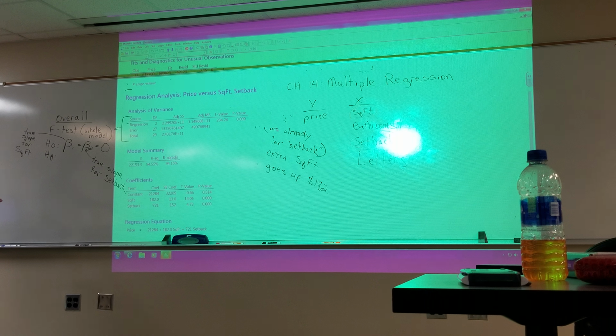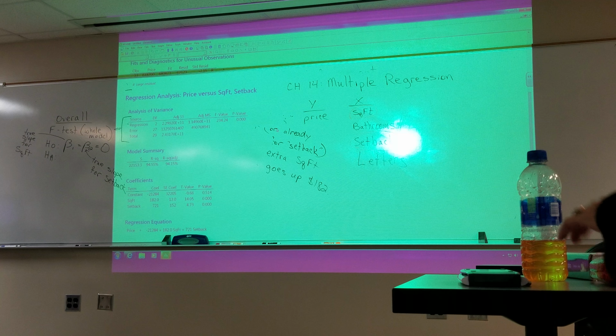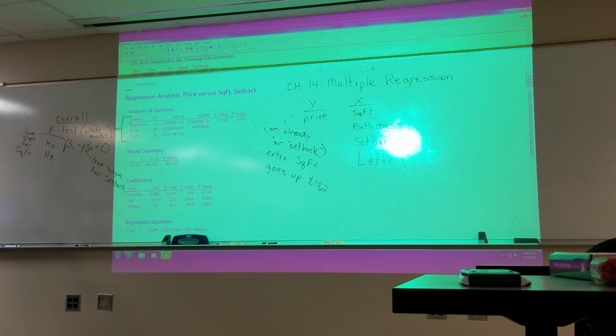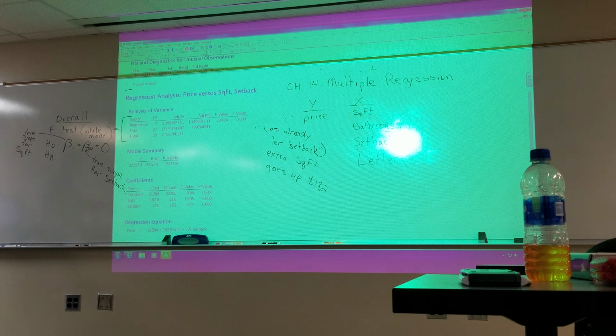Just like it did last chapter. If the true slope is 0, that means there is no relationship between our x's and our y. So if that's true, what does that mean about your model? Your model is useless. If H0 is true here, you need to just throw this model away. Well, what's your alternative hypothesis going to be?